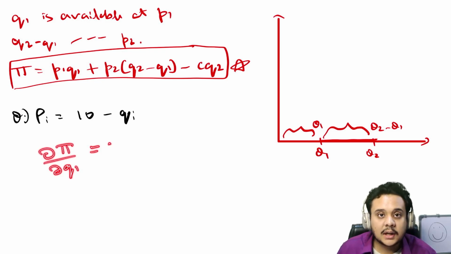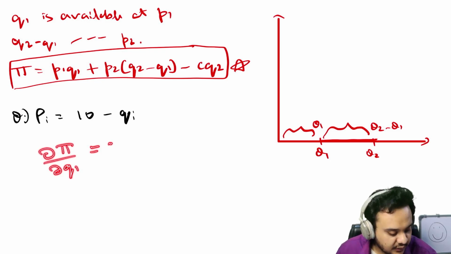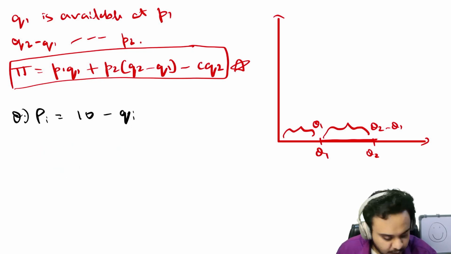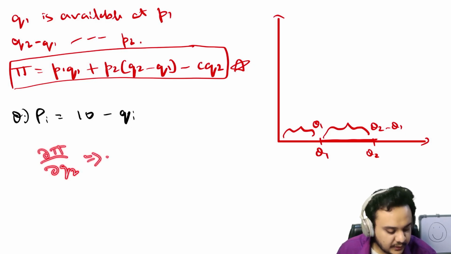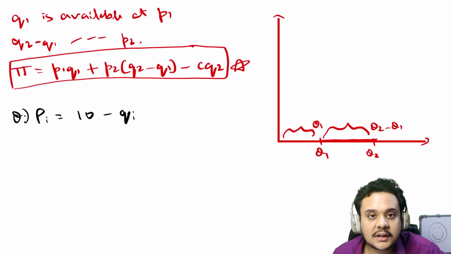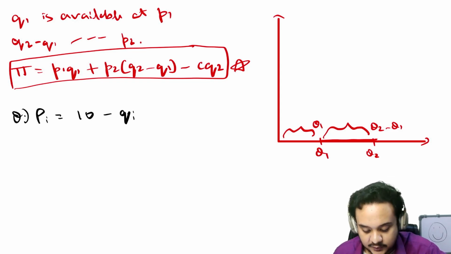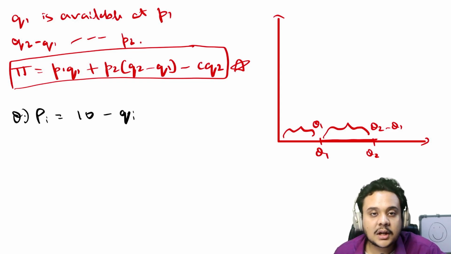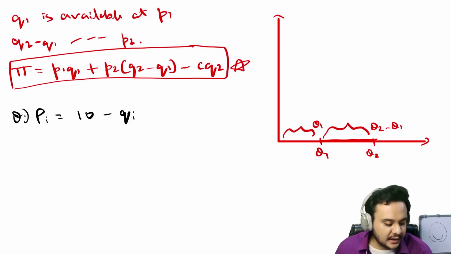You are going to take out the partial derivative. Then you are going to find q1 in terms of q2. Similarly, you are going to do the same with q2. Okay, and then you are going to be finding two different functions, using both of these to find q1 star and q2 star, and your answer is going to be in terms of C.